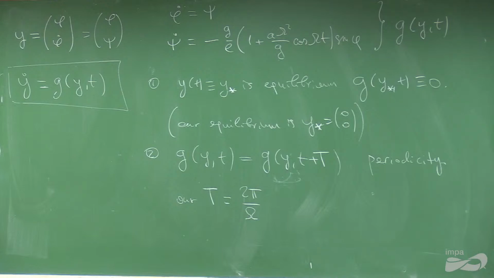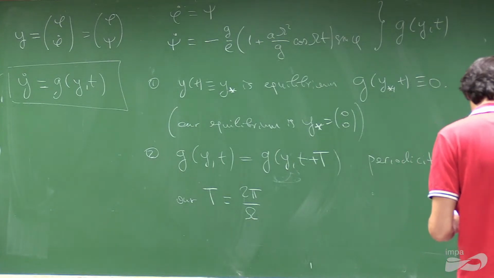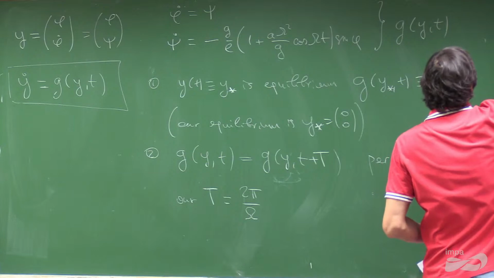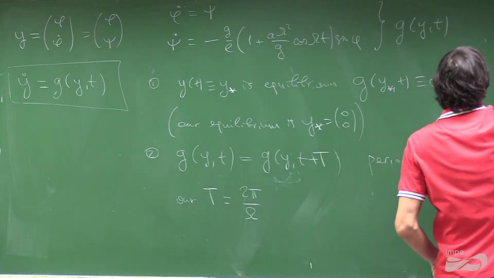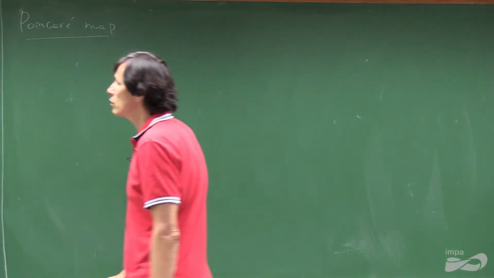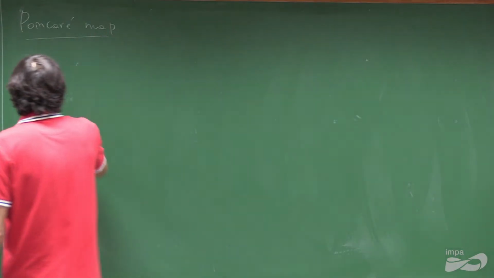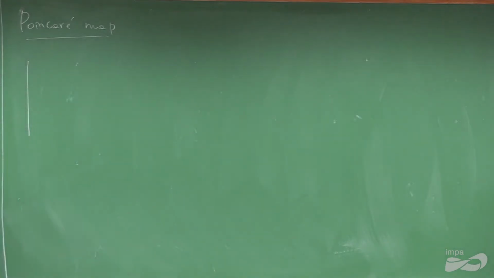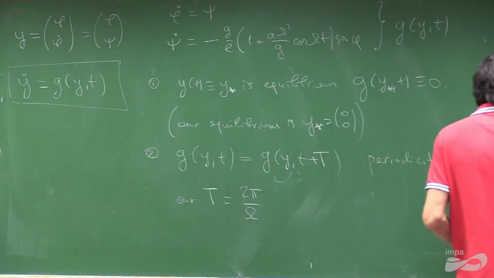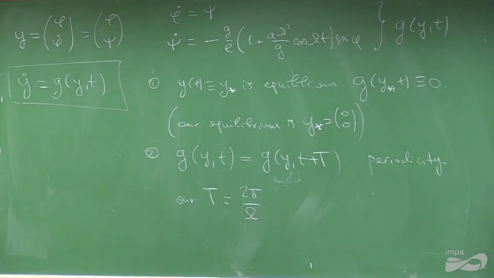How do you solve these systems? There is a very convenient trick which is called the Poincaré map. The Poincaré map will directly use this periodicity condition, and what you do is consider the time evolution.